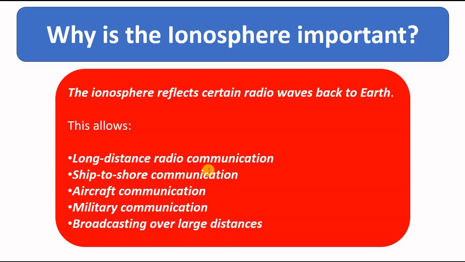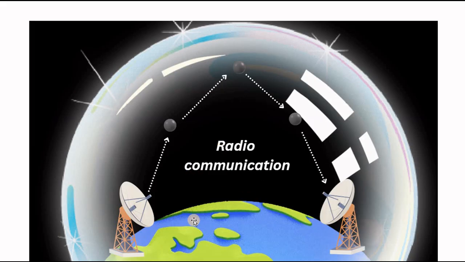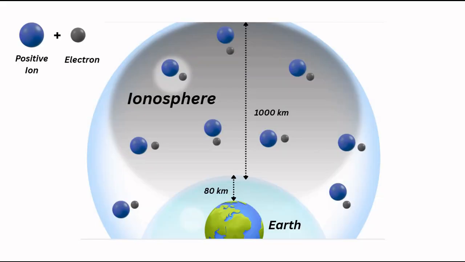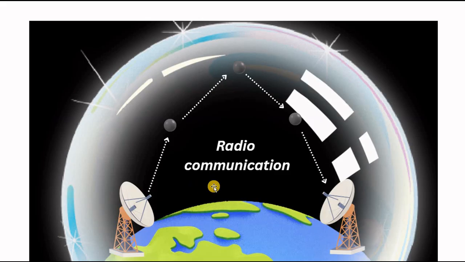So long distance radio communication, ship to shore communication, aircraft communication, military communication, and long distance broadcasting are possible because of the presence of the ionosphere, the charged particles. So that's why the ionosphere is very, very important. Okay, so this is all about the ionosphere.